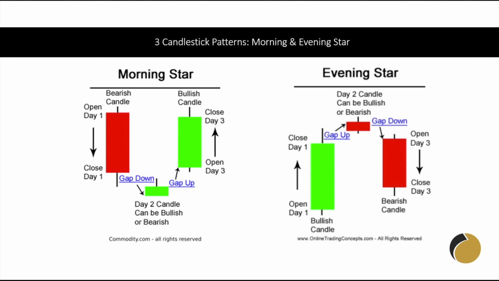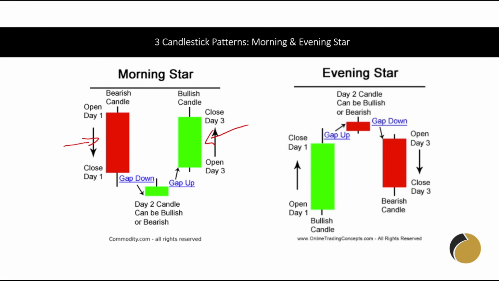Now, this diagram depicts the criteria that needs to be met for it to be considered a morning or evening star. As I mentioned earlier, they are mirror images of each other, and you can see this by noticing that in the morning star pattern, the first candle is a long and bearish candle right here, and the third candle is a long and bullish candle right there. In contrast, in the evening star, it's actually the opposite.